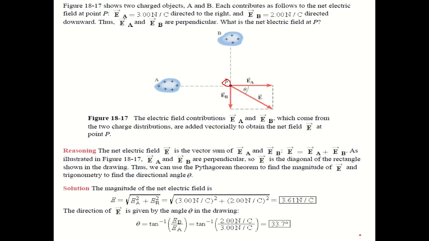And the electric field of object B is equal to 2 Newton per coulomb, directed down.